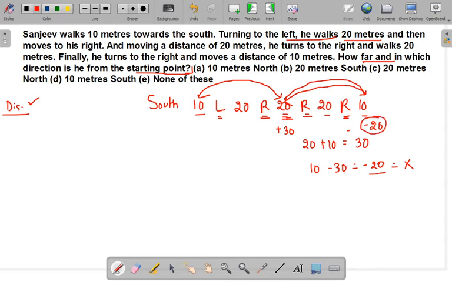Now let us find out y. This is 20 and 20. This is R and R. So 20 minus 20, since it is R and R, is 0. This is y.